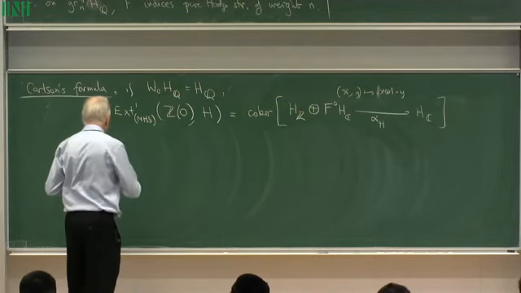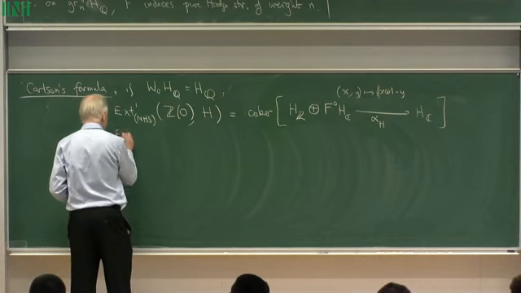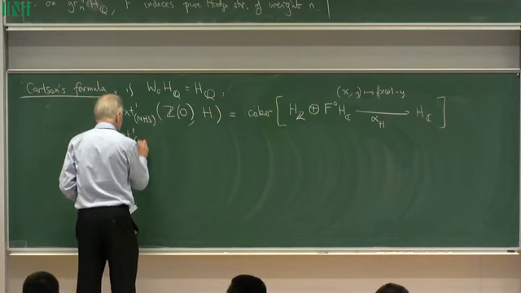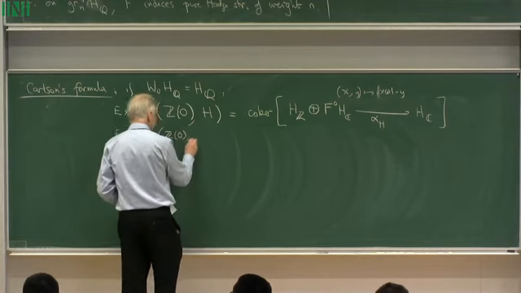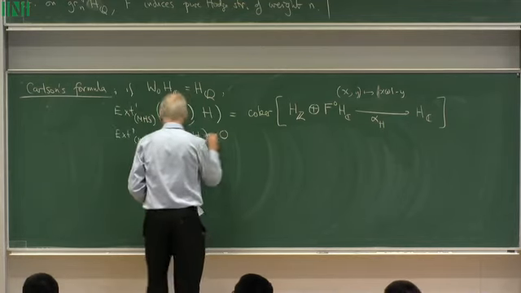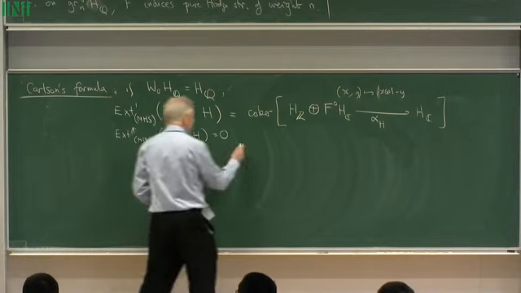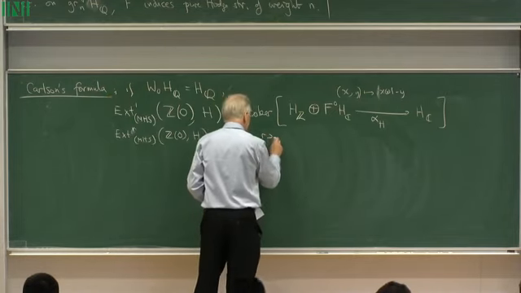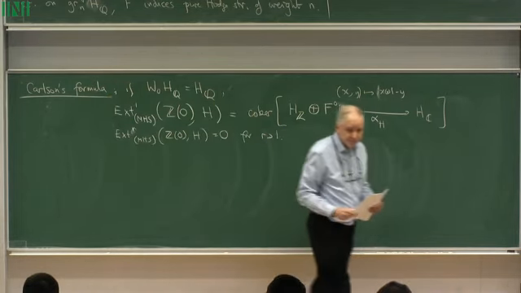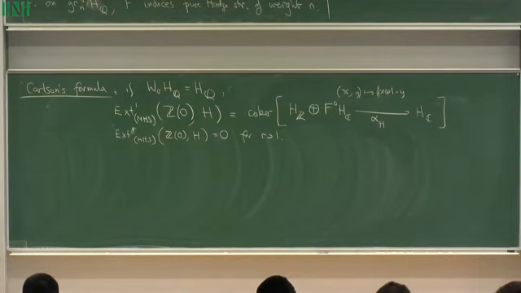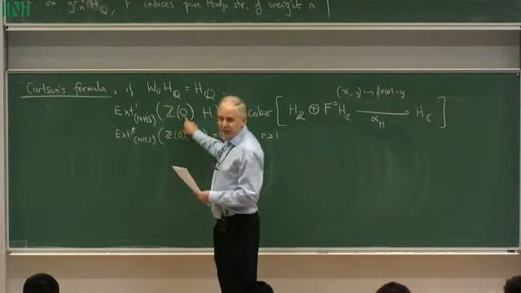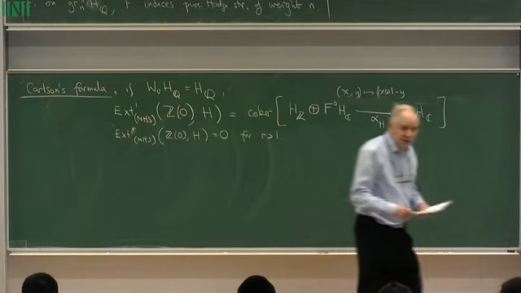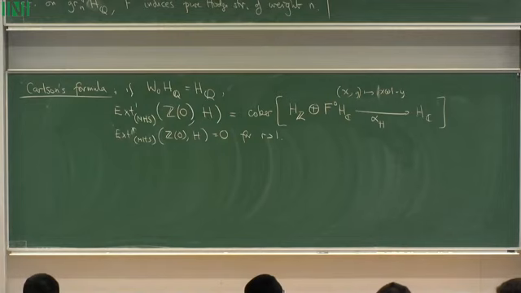So I'll also say that Ext^r in MHS of Z(0) and H is 0 for r greater than 1. So there are some Ext^2s, but to have Ext^2s, you have to have torsion in here. And the Ext^2s are basically group theoretic Ext^1s.